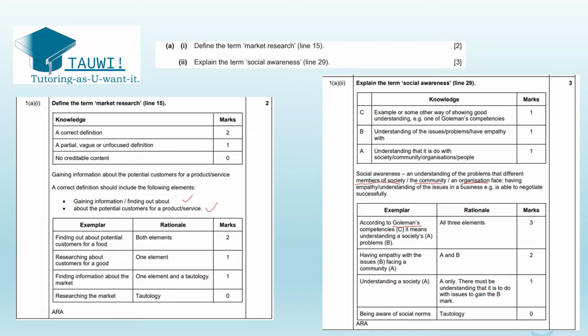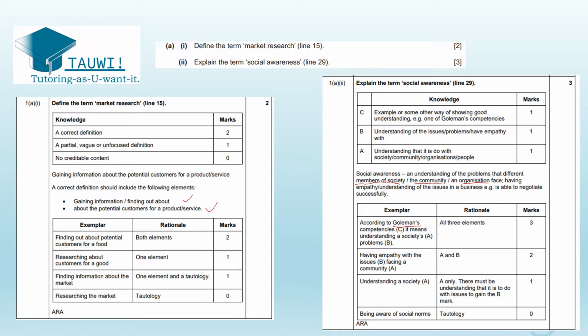And you could then name all the 3 elements. That was social awareness, emotional awareness, community awareness. So remember those things. Emotional intelligence is a buzzword that everybody likes to ask questions about. So make sure you understand emotional intelligence.